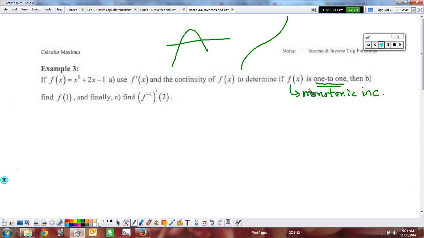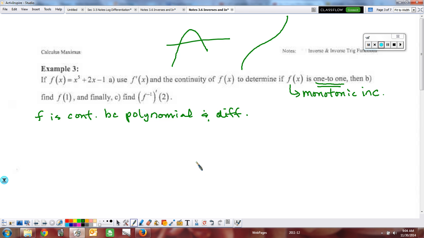So let's think about how we can show that a function is always increasing by using its derivative. You can show that its derivative is always positive, okay? So first off, f of x is continuous because it's polynomial. And if it's continuous because it's polynomial, that would mean that it is also differentiable. Right?